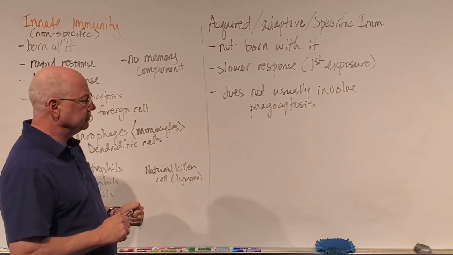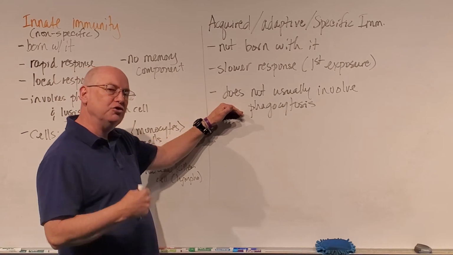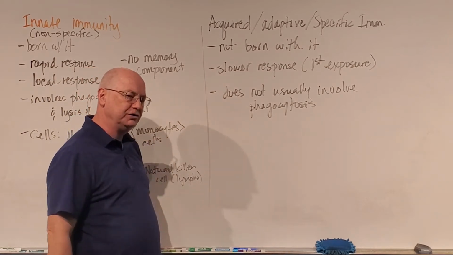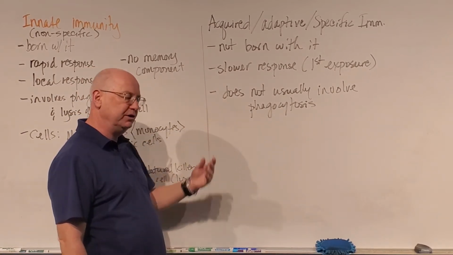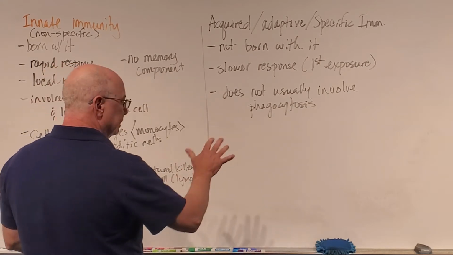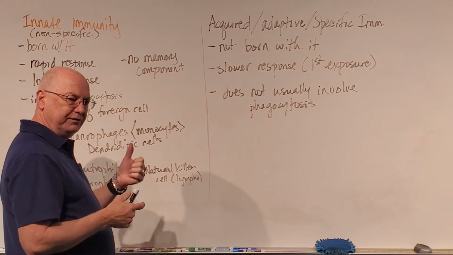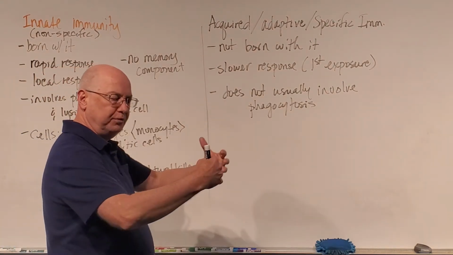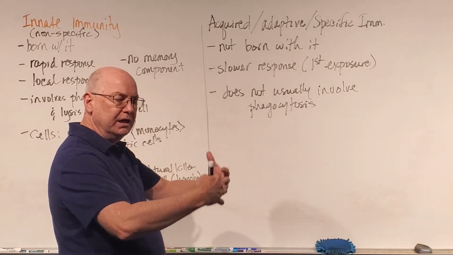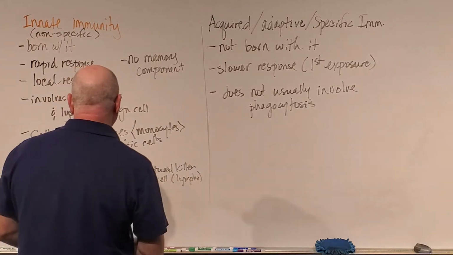But the cells involved in this don't usually themselves phagocytose things. We're going to call these cells lymphocytes, and they're usually not involved in that. It does involve phagocytosis to some degree, but the lymphocytes that are involved, the T cells and B cells, do not personally engulf the foreign invader.